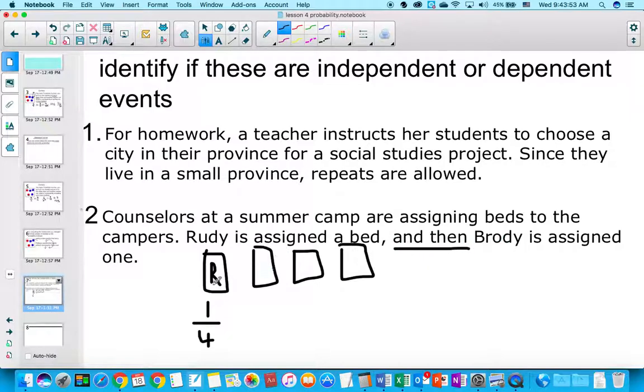He can't be assigned to the same bed, so he can only get one of these 3. So he has a 1 in 3 chance of getting any one bed left over. So the probability just changed. You say these are dependent because when Rudy gets a bed, Brody has fewer options to get.